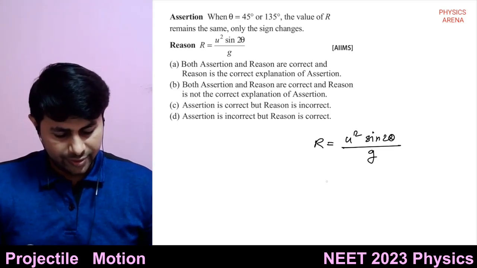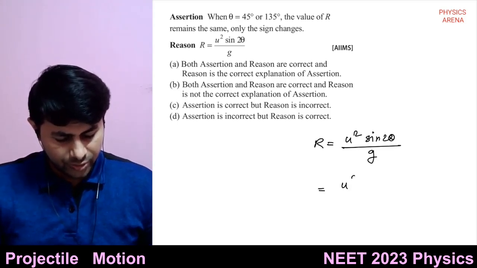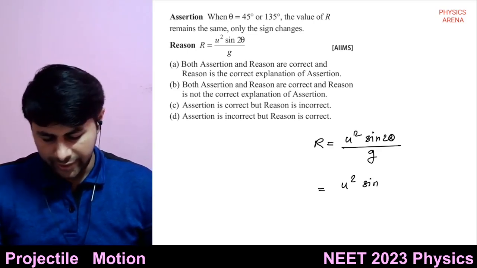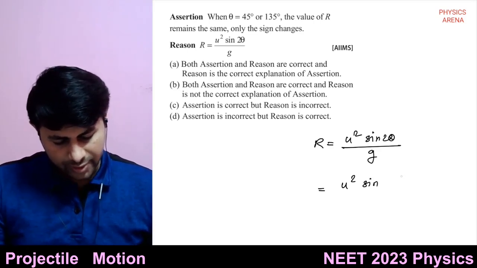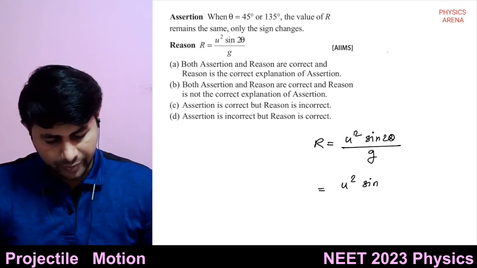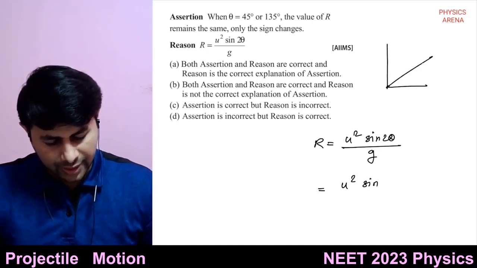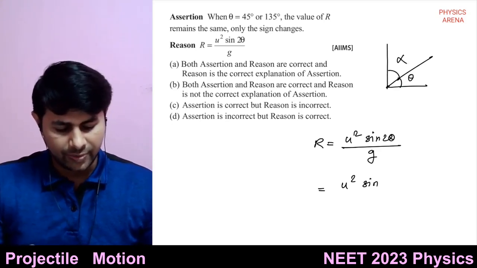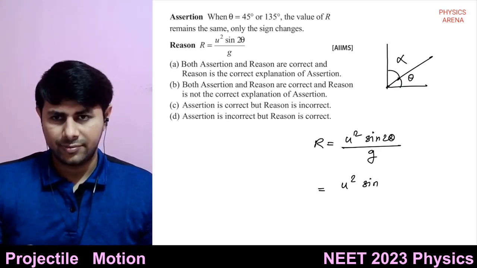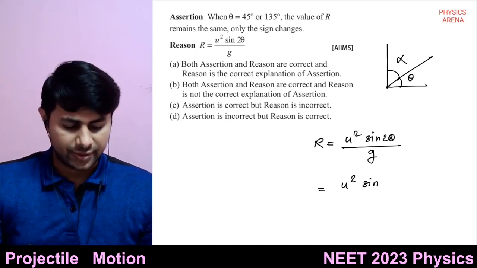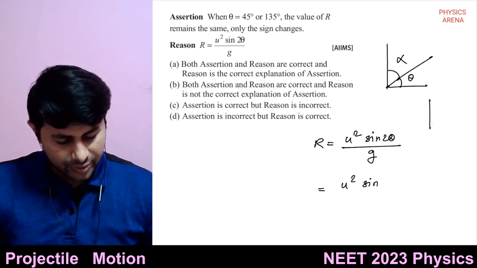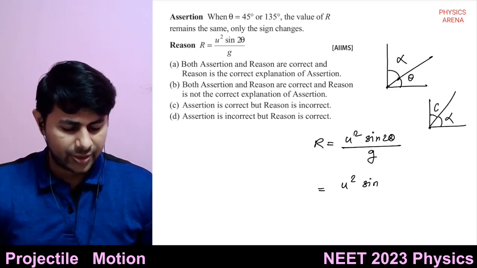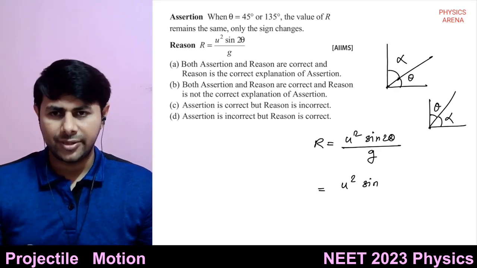Now see, this is an angle theta, and suppose this is an angle alpha, and alpha is 90 minus theta. A projectile thrown at theta and a projectile thrown at alpha will have the same range.